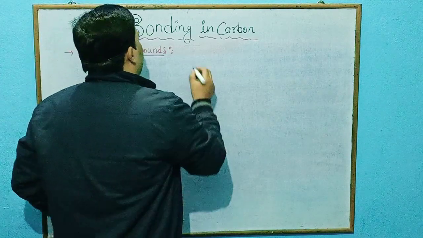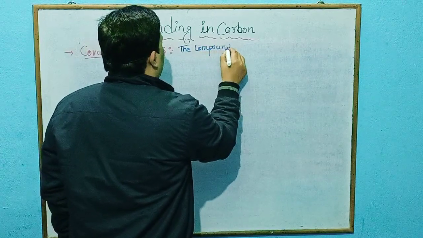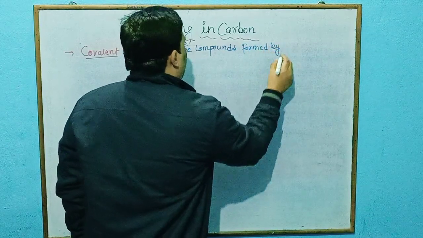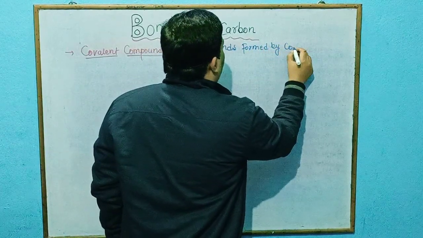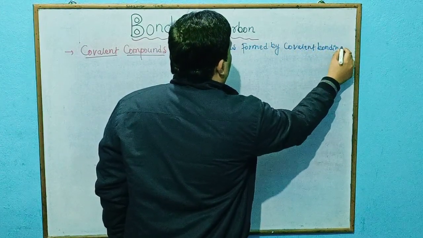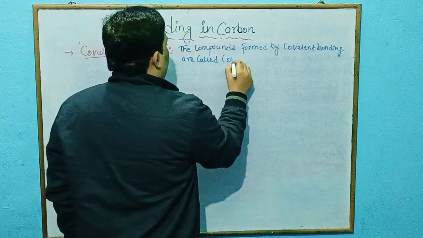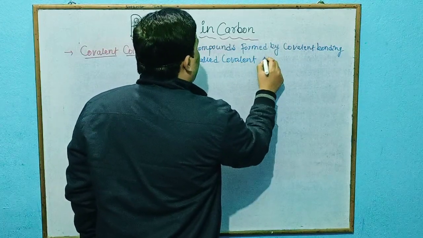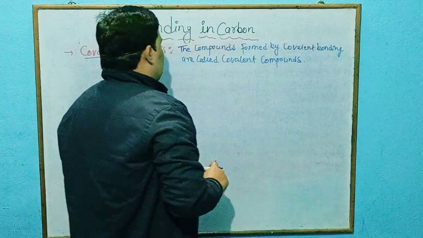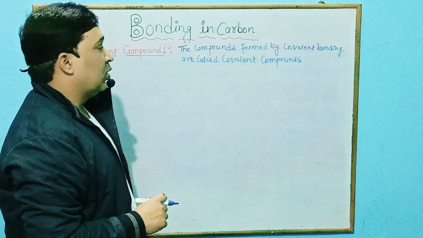Simply the compounds formed by covalent bonding are called covalent compounds. So it is very simple to define the covalent compound. The covalently bonded compounds are called covalent compounds.